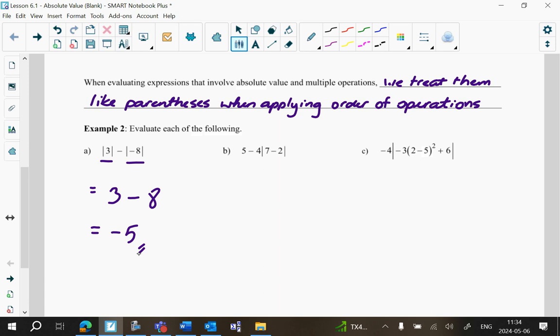What would you do first in this one? 5 minus 2? 4 minus 2? Really? That's order of operations? You have to do the 7 minus 2 first. And when I do that, the absolute value bars are still there because I haven't taken it yet.